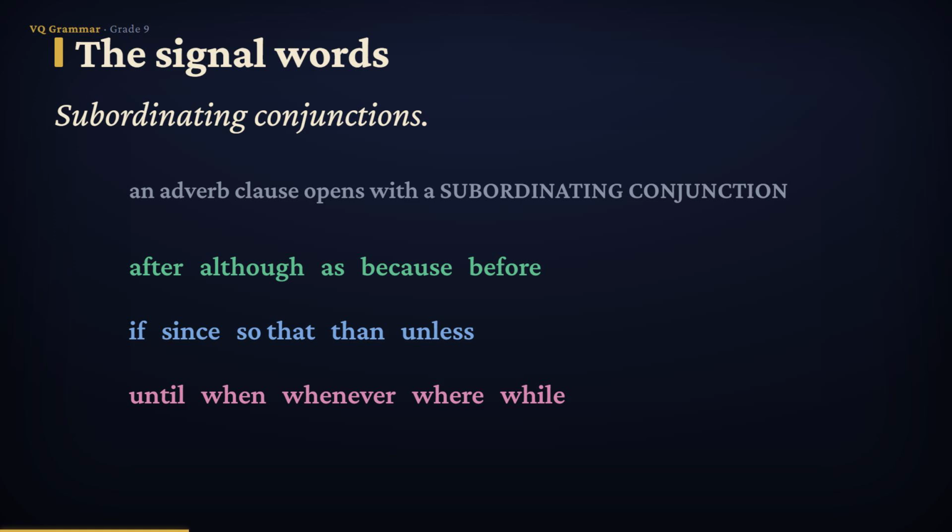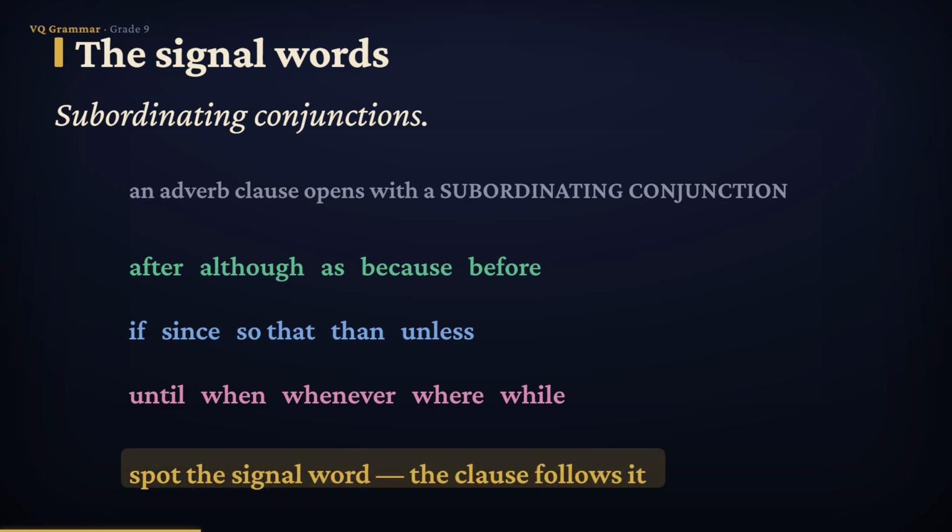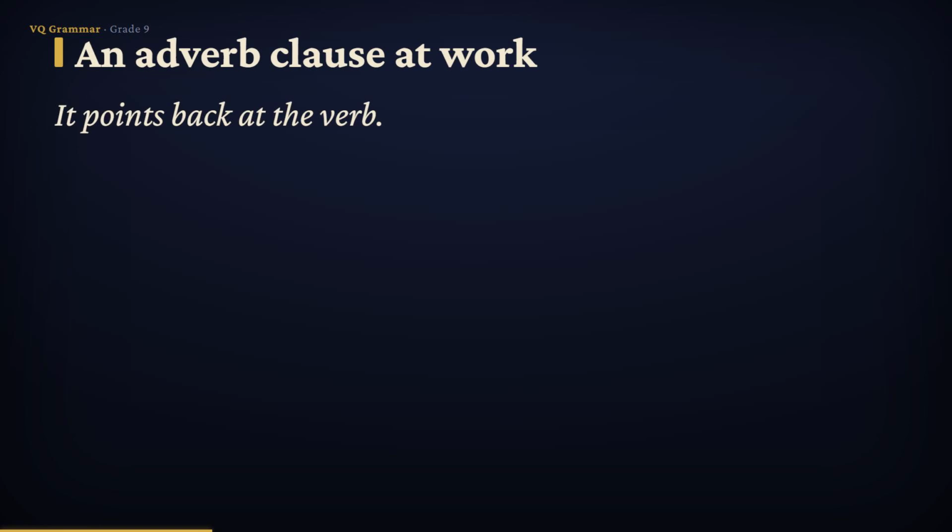That's a long list, but you don't need to memorize it cold. Just get a feel for them. When you spot one of these signal words at the front of a clause, an adverb clause is usually following right behind it.